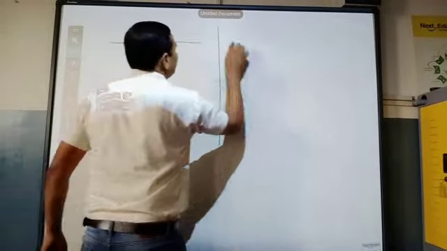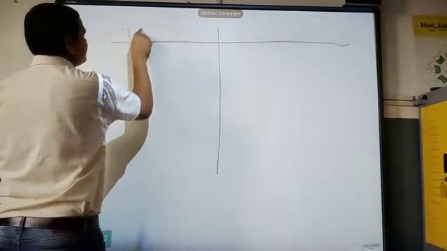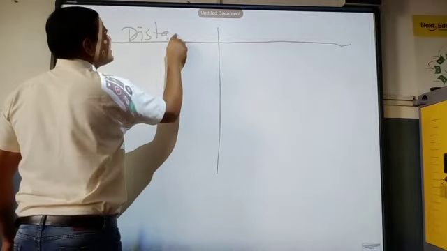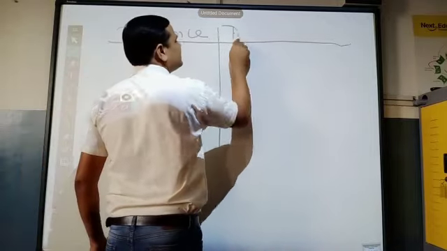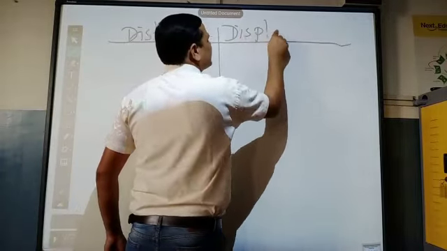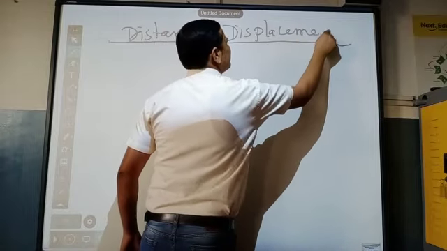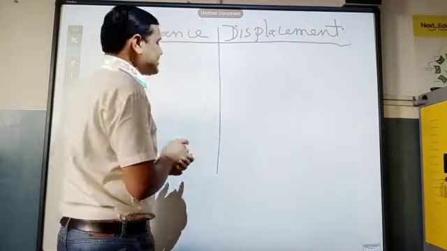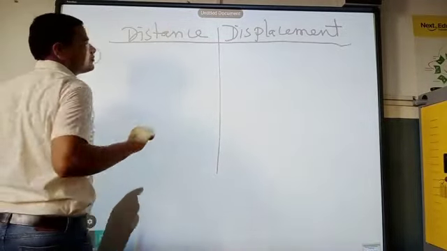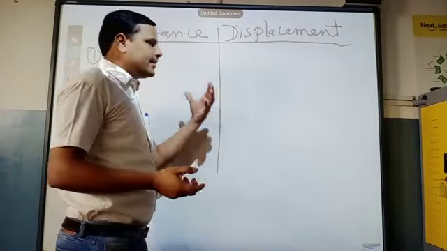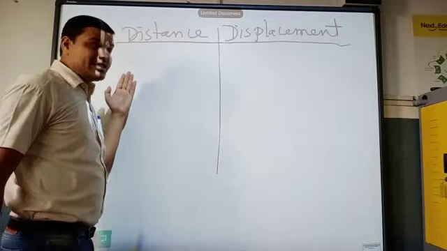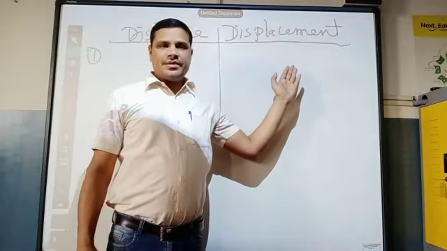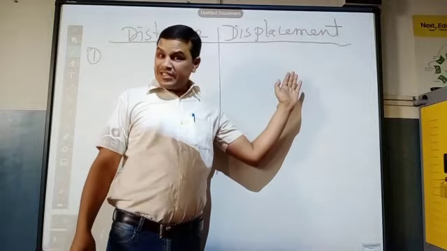Suppose that we have to differentiate between distance and displacement. What is the basic difference? Number one, definitions you have to write. Actual path covered by the body is known as distance. The shortest path between initial and final point is known as displacement.